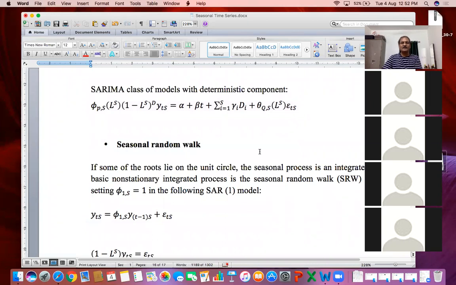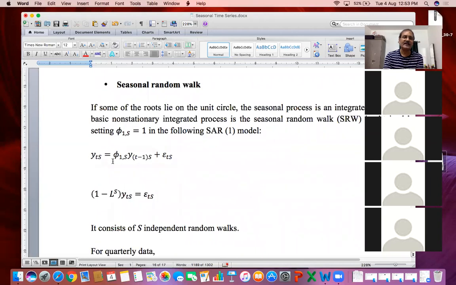What is random walk? In the non-seasonal time series or in annual time series, we have defined random walk if the coefficient of AR(1) is equal to 1. Okay. So we have used a similar concept here. In the case of seasonal time series, this is the expression for AR(1): Y_ts is equal to phi_1s Y_(t-1)s plus epsilon_ts.